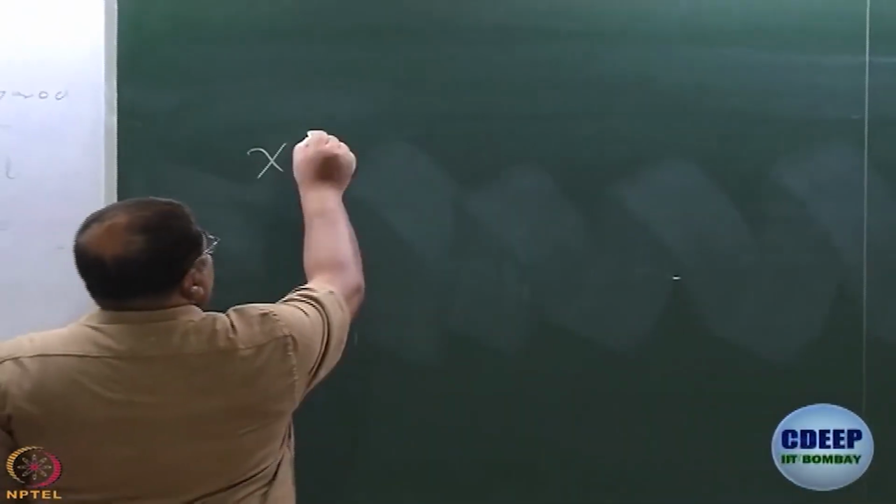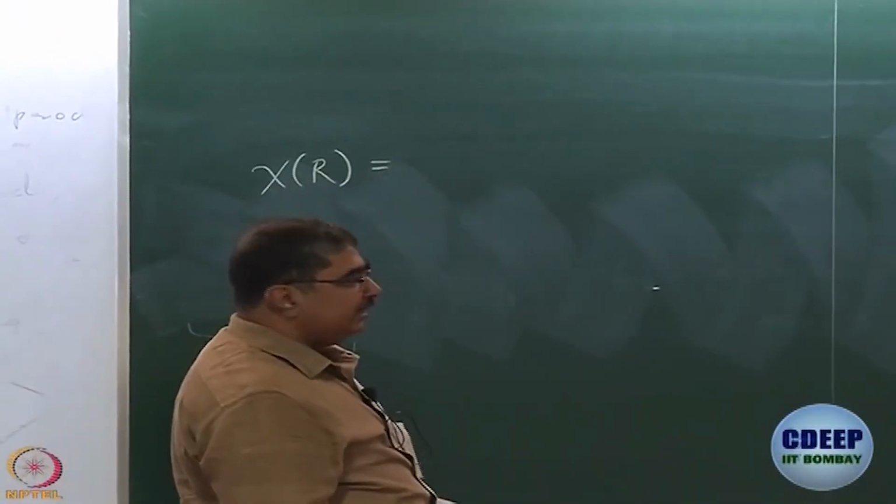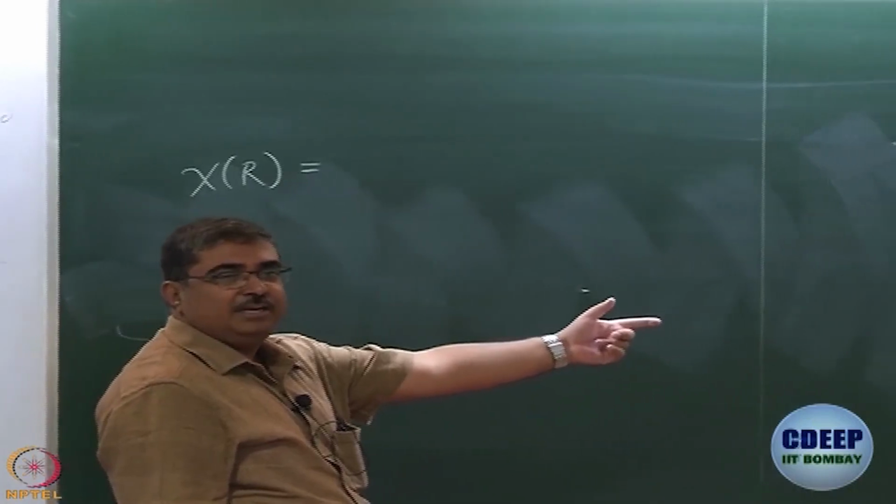Now see, chi of R, and to make things perhaps a little easier to understand, I will expand the linear combination on the right hand side.